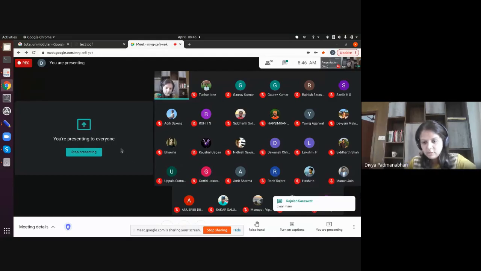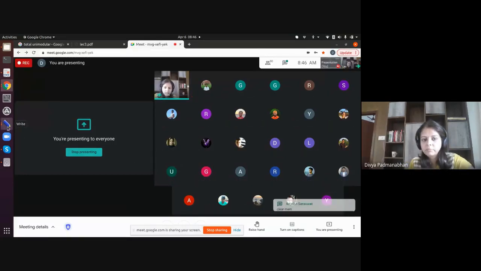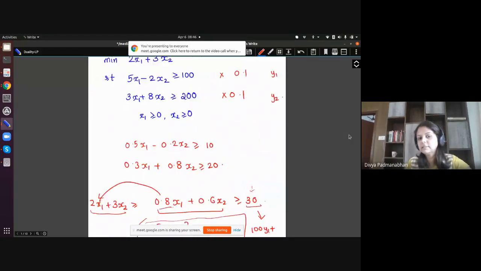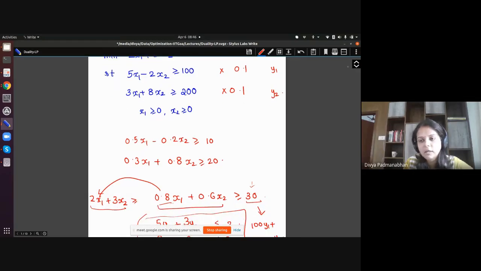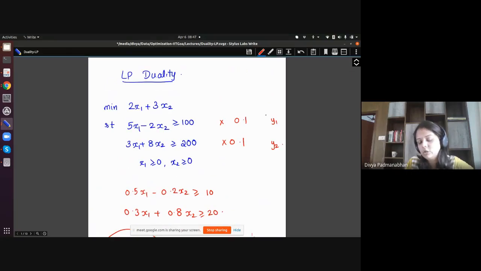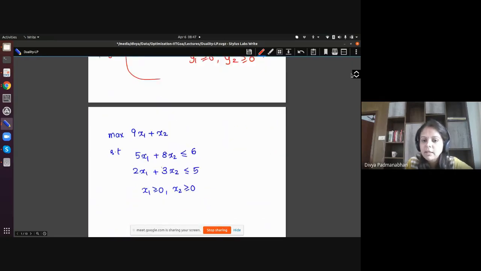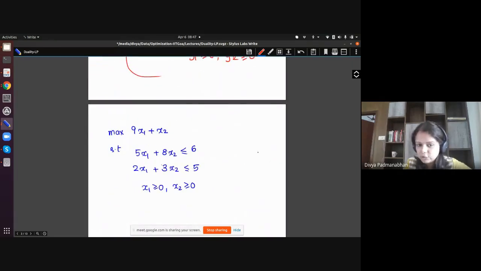Cool. So this is this concept of duality that we have. It's a traditional concept, and you can define this for various other forms. The key idea is to try to get the best lower bound for the problem if it's a minimization problem. Now suppose we have a maximization problem.